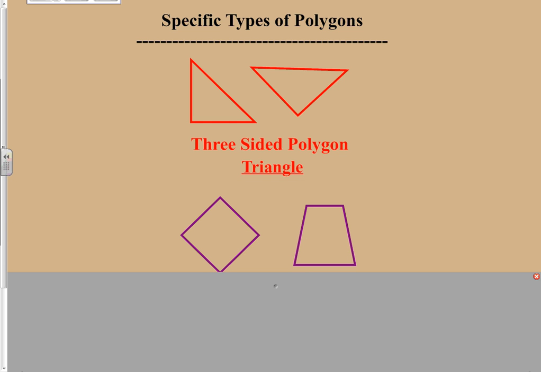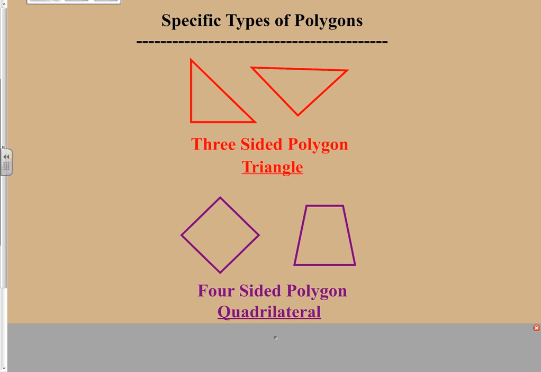Okay, what is the term that goes along with a four-sided polygon? There's a lot of them, and we're going to be spending a lot of time working on them. Okay, the generic term for a four-sided polygon is quadrilateral. Okay, the prefix quad meaning four, and again, lateral means away from the middle. Those are the sides.